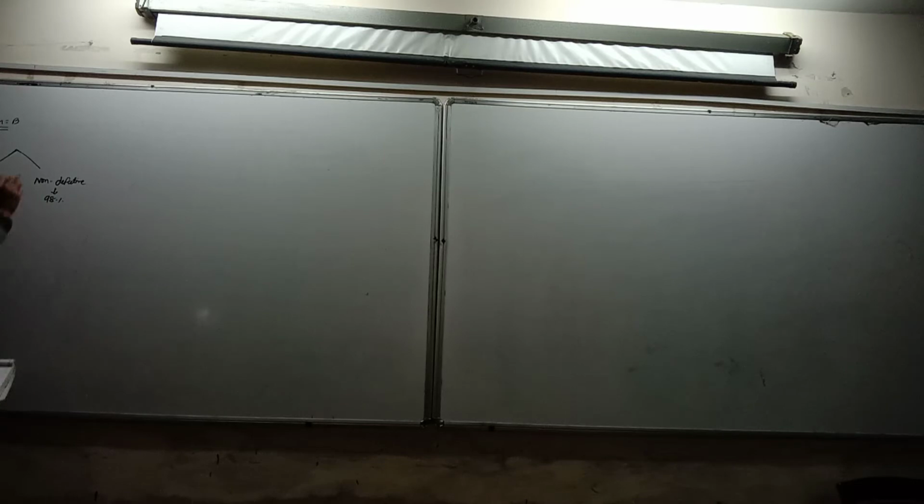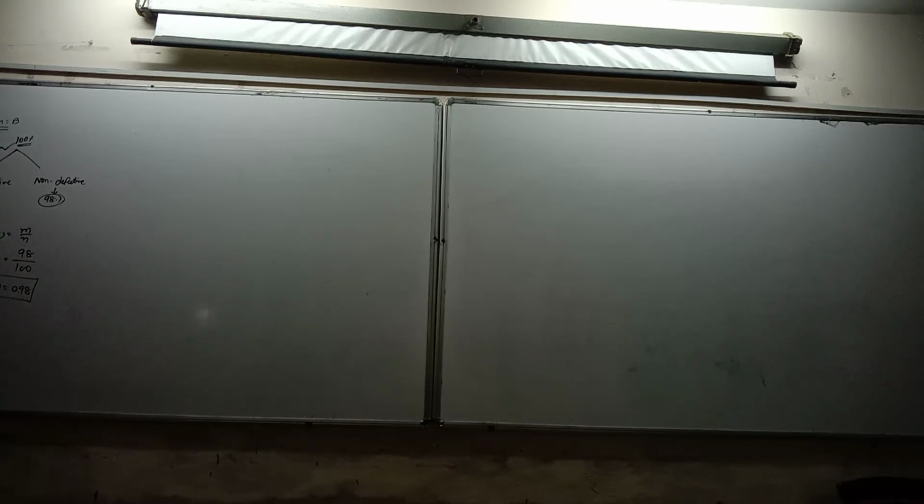Total number of items 100%, that is 100. So P of A is M upon N, favorable outcomes non-defective is 98 and total number of items 100%, means 100, 0.98.